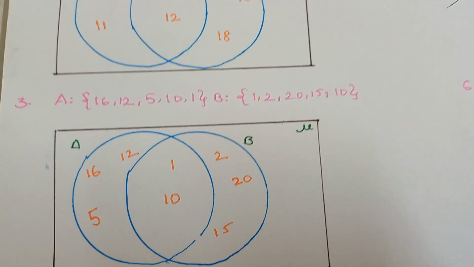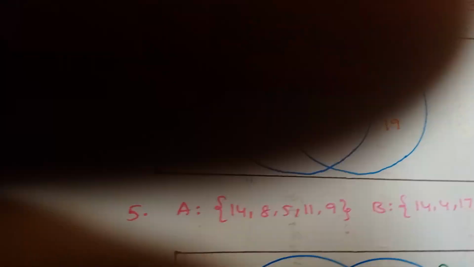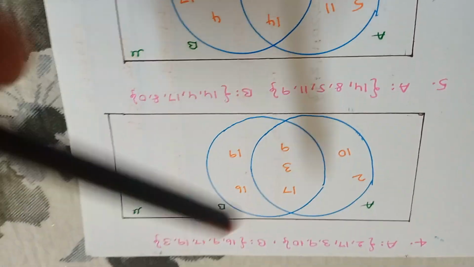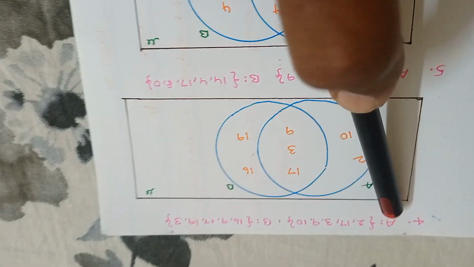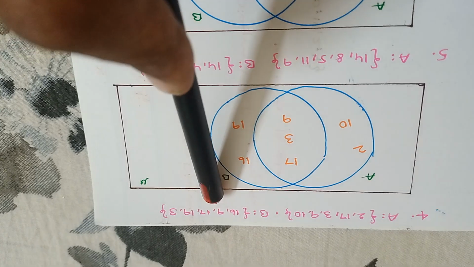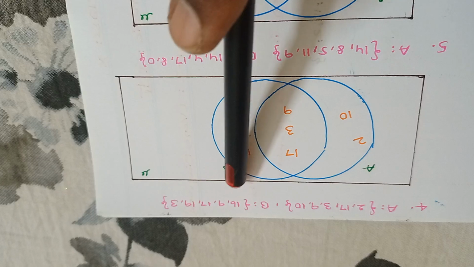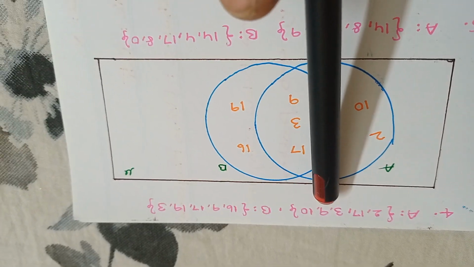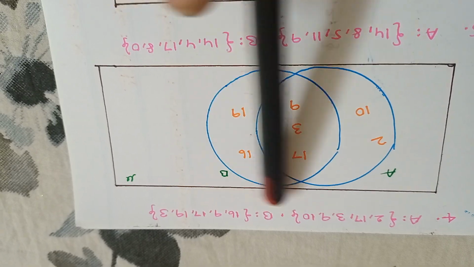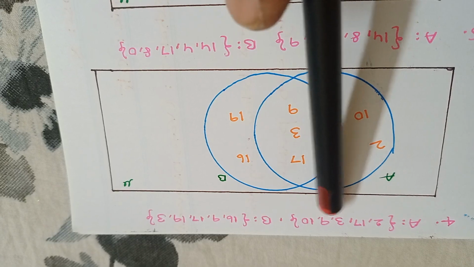Now coming to the fourth one. Set A is given as 2, 17, 3, 9, 10. B equals 16, 9, 17, 19, 3. What are the repeated values? 17 is repeated, 9 is repeated, and 3 is also repeated.